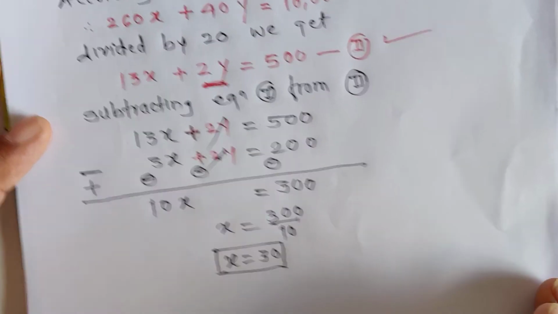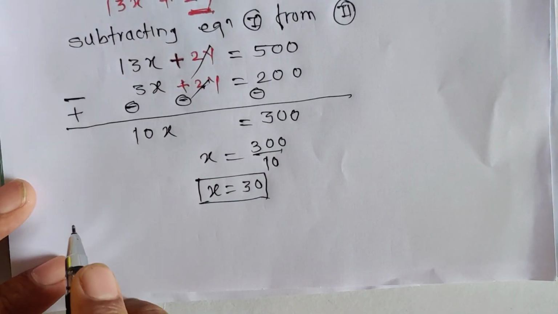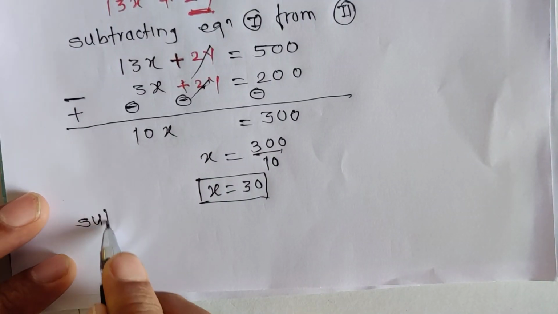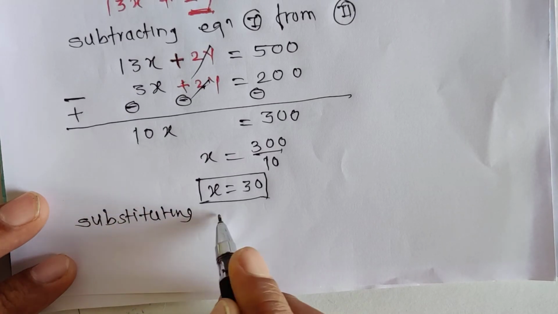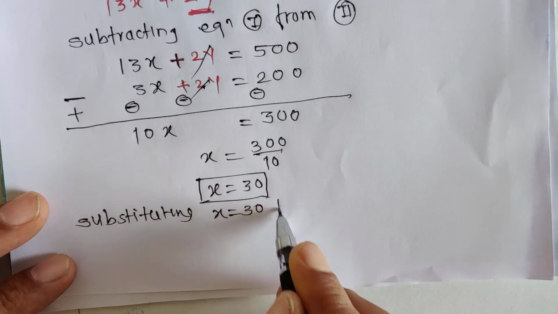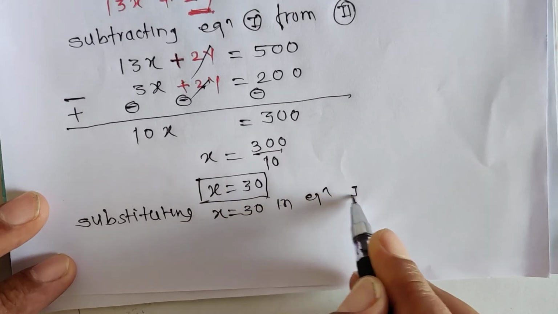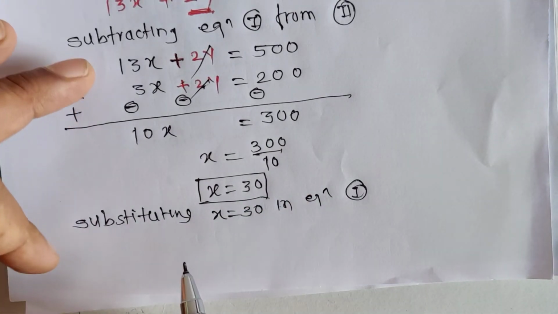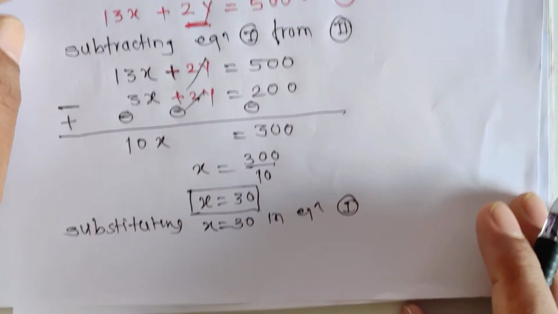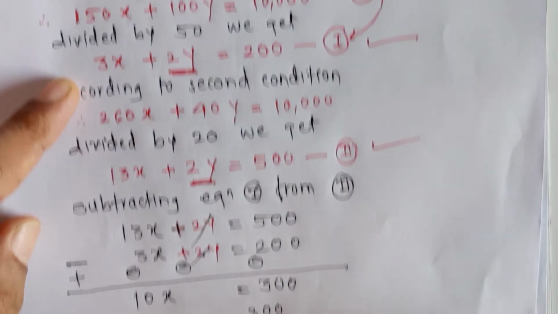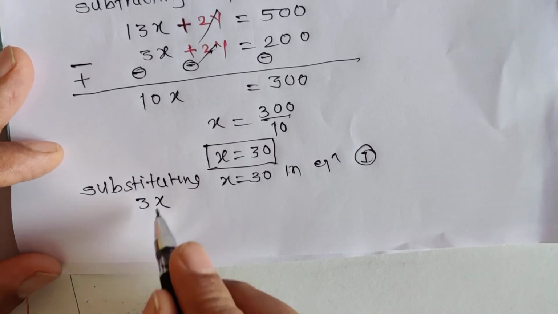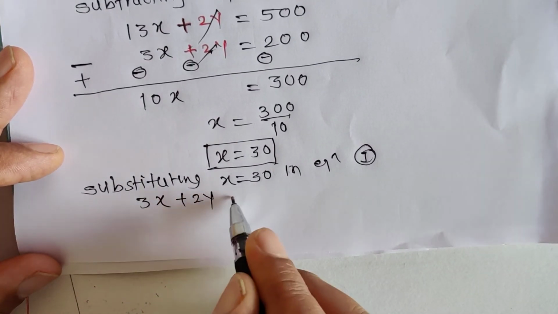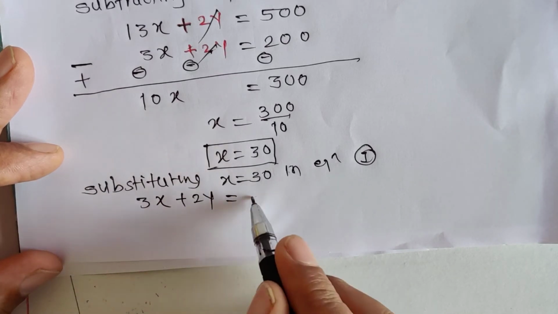Now substituting x is equal to 30 in equation 1. Equation 1 is 3x plus 2y is equal to 200.